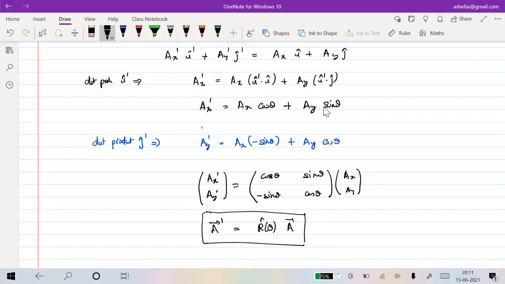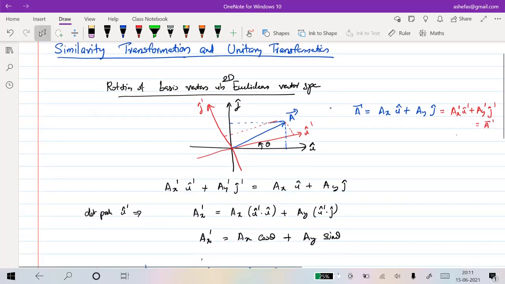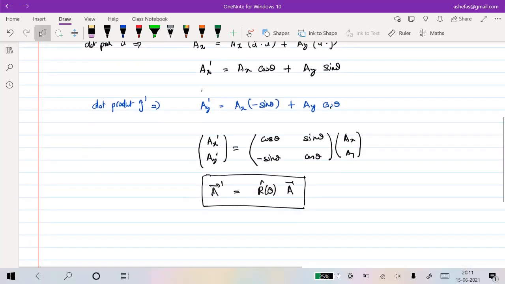This is the effect of the rotation of the basis vectors. Remember, vector A and vector A prime are the same vector, but in terms of different basis vectors. They can be connected through this kind of operation, which takes this particular form if the basis vectors are rotated by some angle theta.